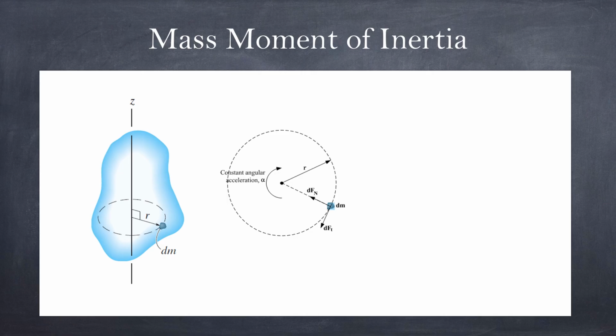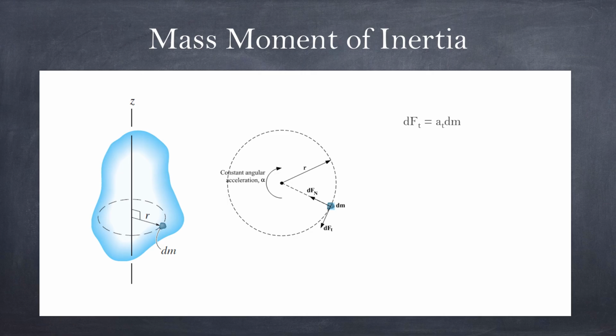One is on the tangent line, the small force called Ft, and the other is the one that pulls it into the center of the circle, which keeps it changing direction into a circular motion. That is the Fn, on the small mass. The one we'll be looking at is the force acting on the tangent line, the small dFt, because that is the one that changes the speed.